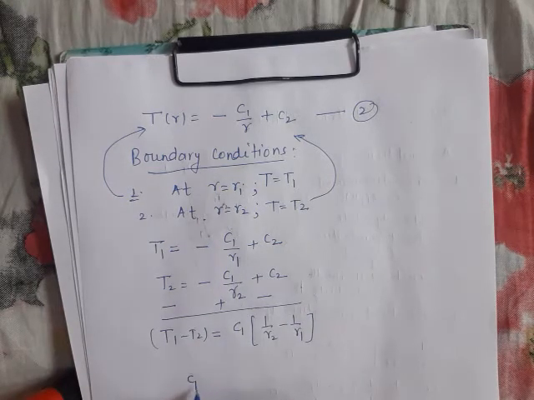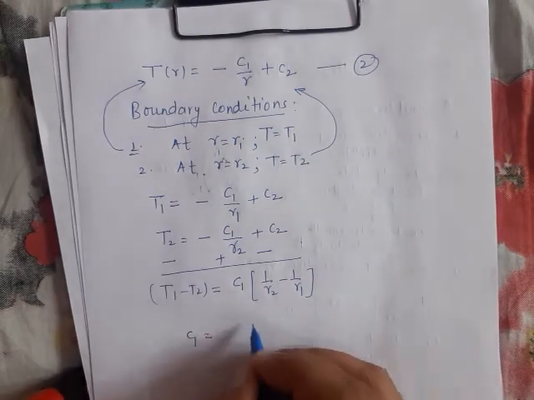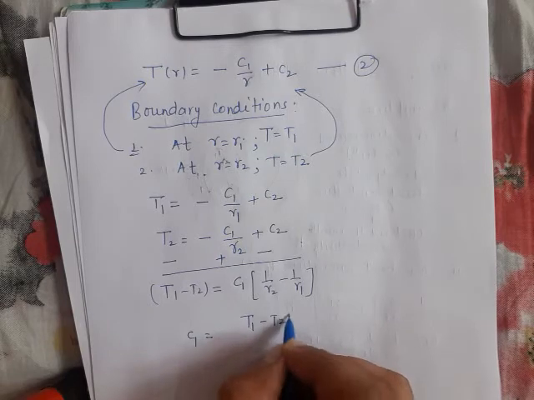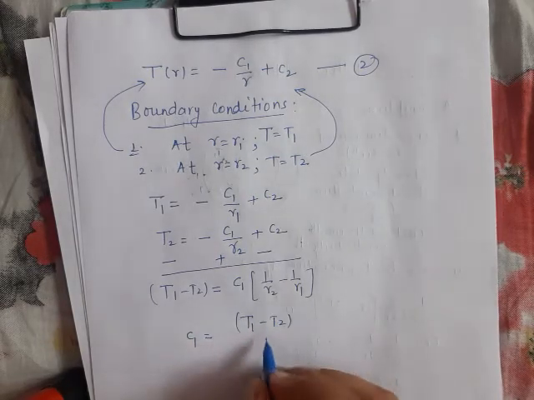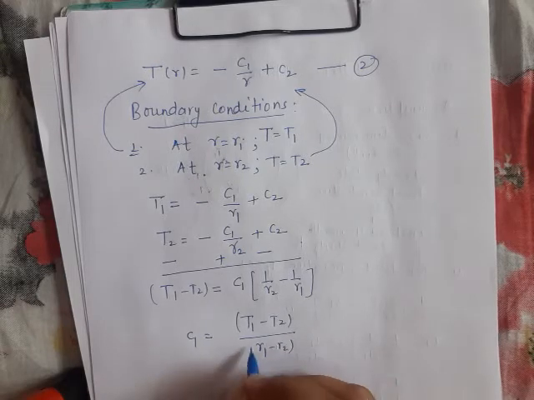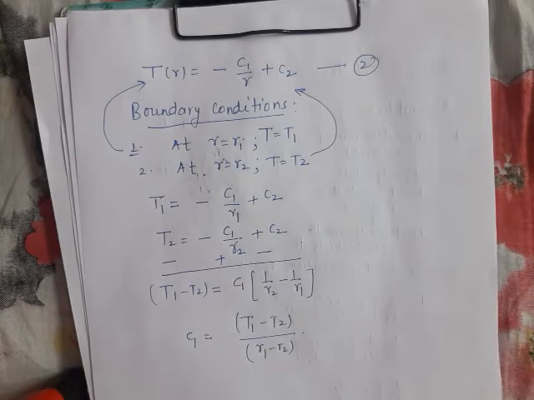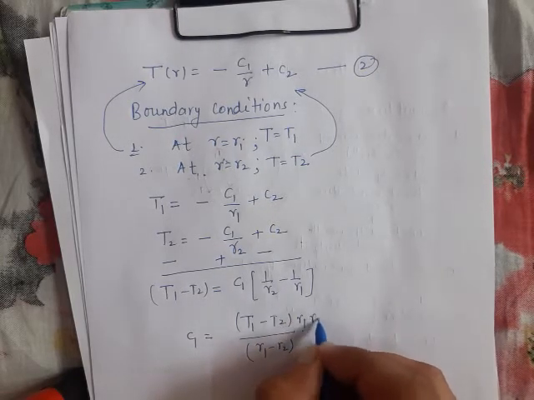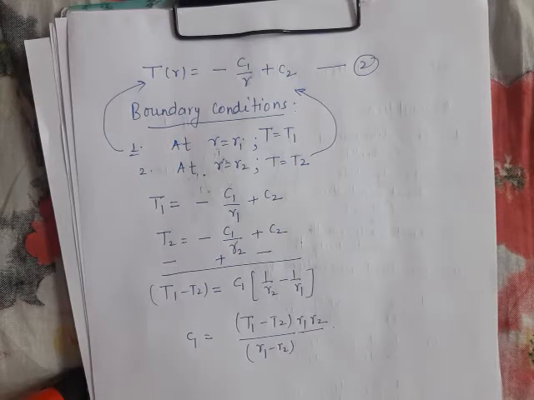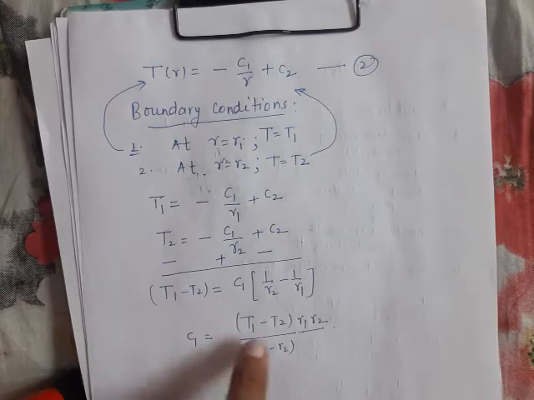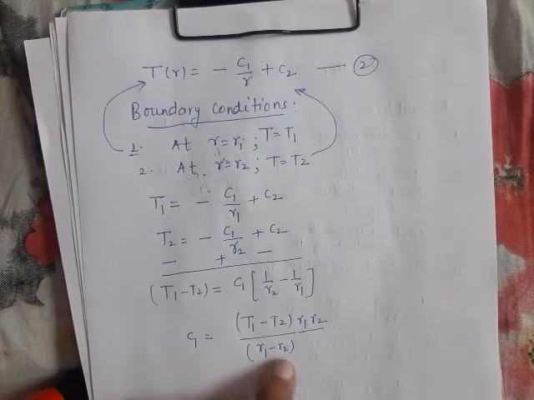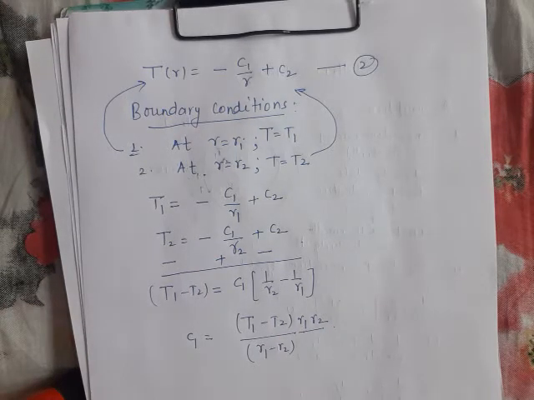So C1 comes out to be T1 minus T2 divided by R2 minus R1 multiplied by R1 R2.